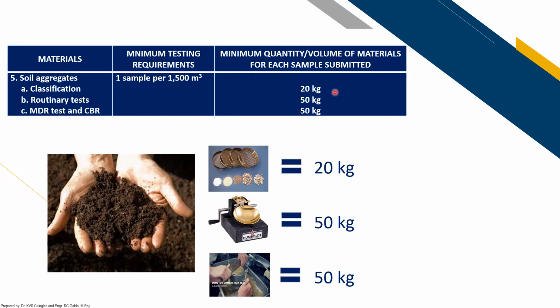So, if you are going to conduct all three tests on your soil aggregates, you obtain a total of 120 kilogram per 1,500 cubic meter. If only classification is to be tested, 20 kilogram is enough, and if only CBR or MDR, 50 kilogram.